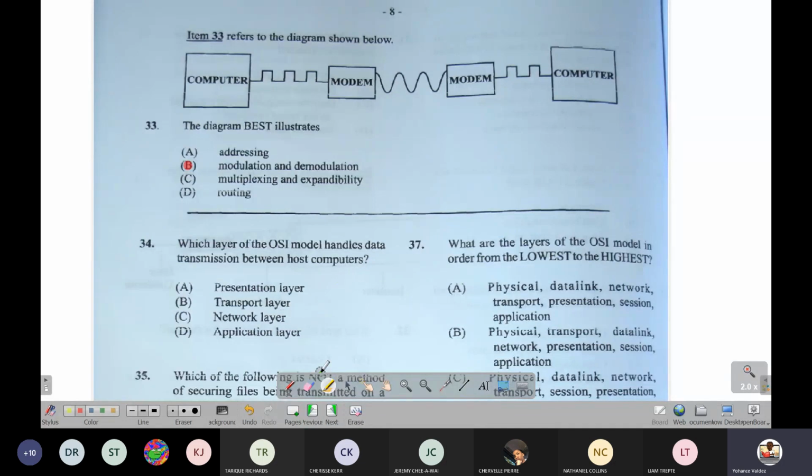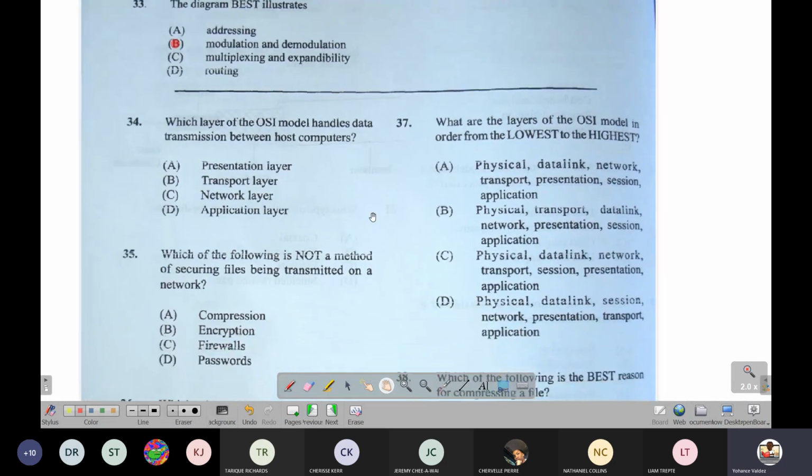Which layer of the OSI model handles data transmission between host computers?